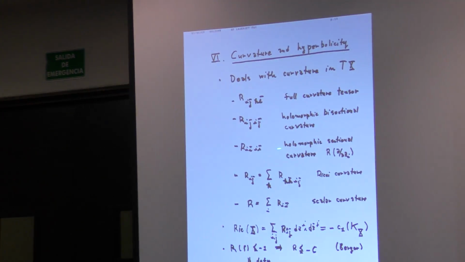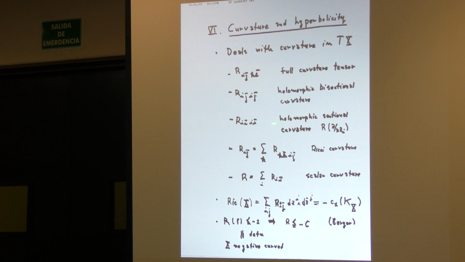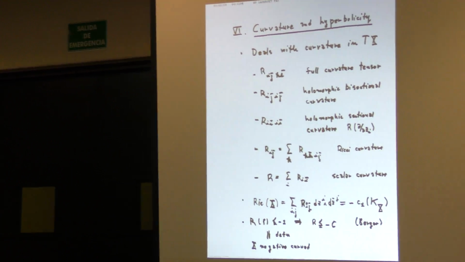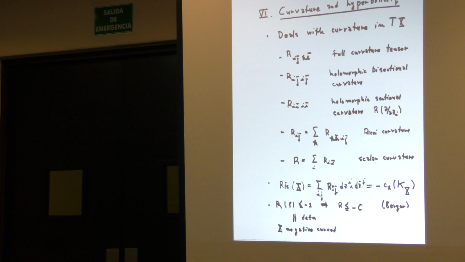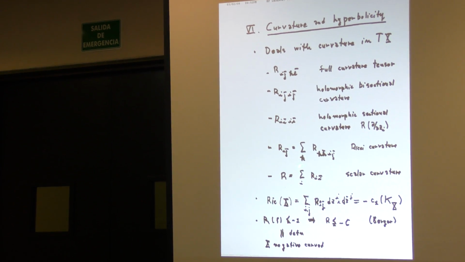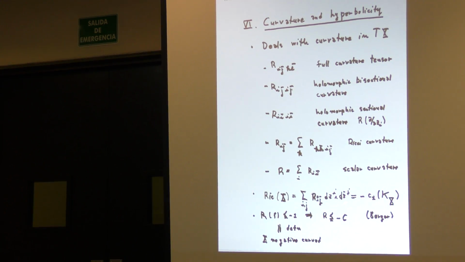The two most useful ones in algebraic geometry are the holomorphic sectional curvature and the Ricci curvature, and they're not related, unlike the Riemannian case. One relation that is known is that if you have negative holomorphic sectional curvature, then you have negative scalar curvature. It's an old result of Berger.